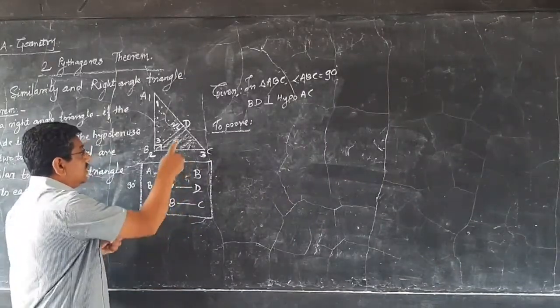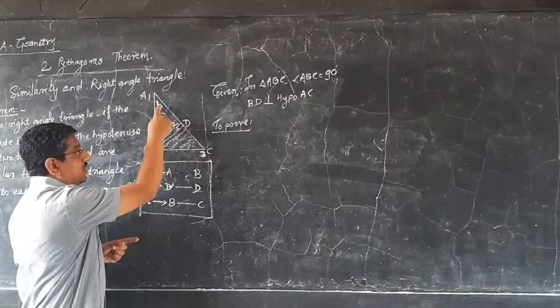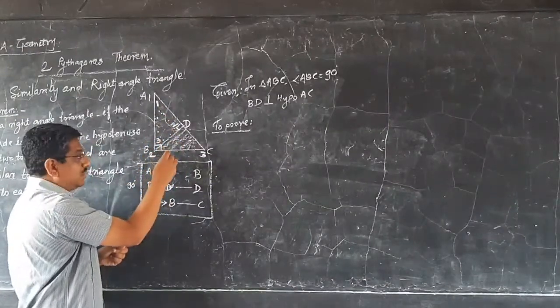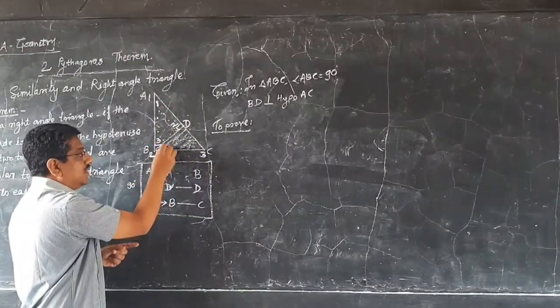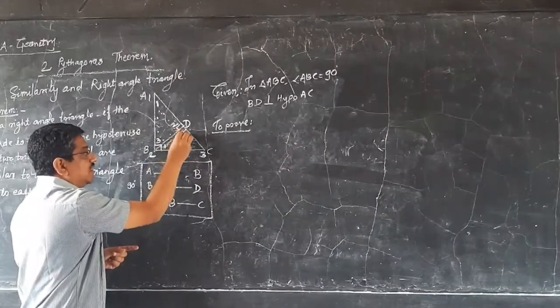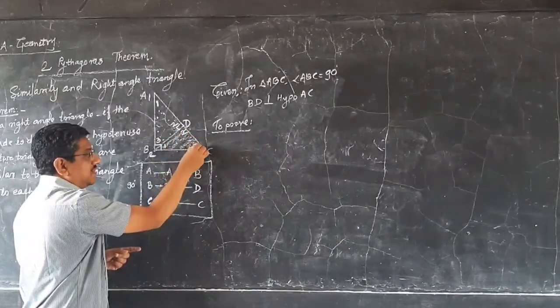Now for this triangle you have to use their sequence, first, second, third. Now you have to start with first here, second here and third here.